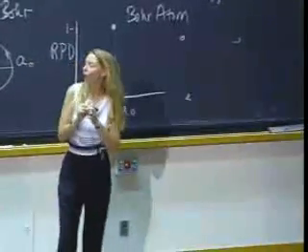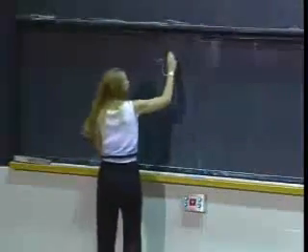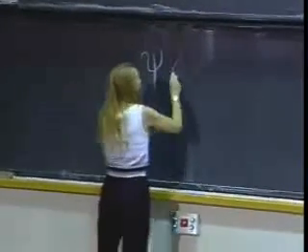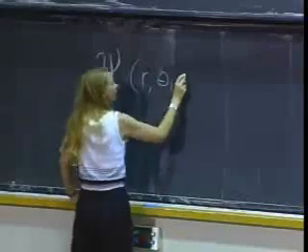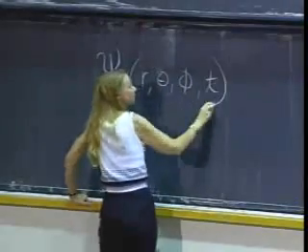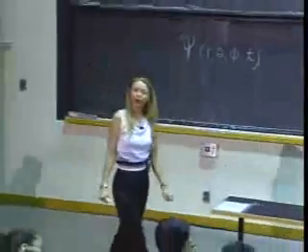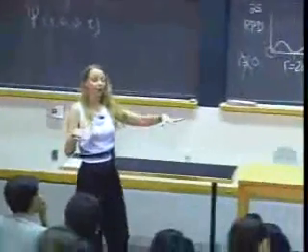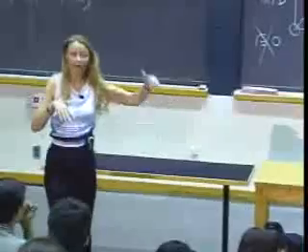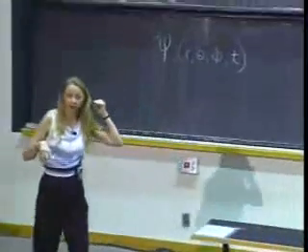One thing I think I forgot to tell you the last time is that the wave function is, in general, a function of r, theta, phi, and time. Okay? But what I forgot to tell you is that we were not going to look at the time dependence of these waves.